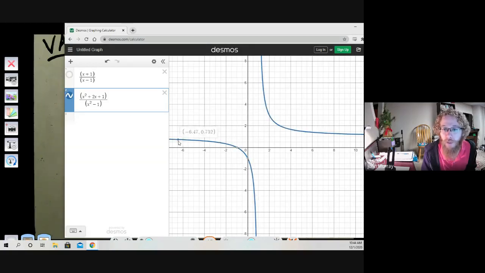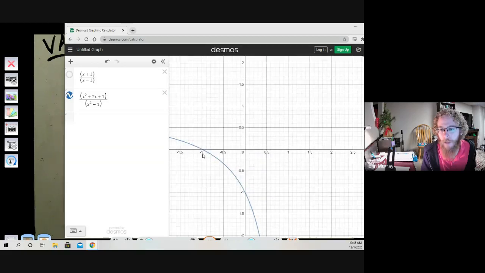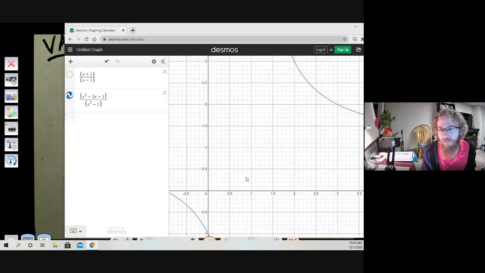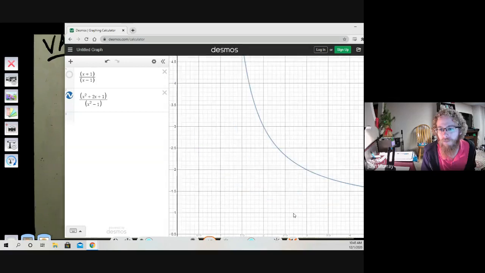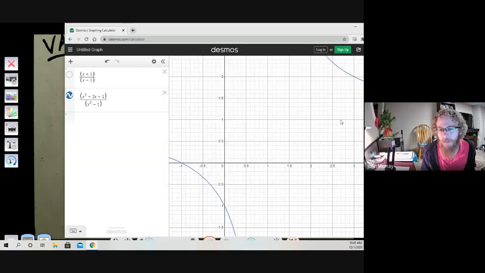But looking at the full equation, it doesn't show that there's a hole here. That is interesting.